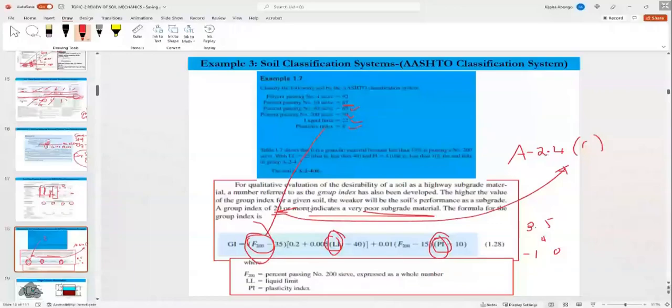If you calculate the group index and get 3.5, round it to the nearest whole number. If you calculate a group index and get a value of -1, put 0. A group index above 20 means the soil is so poor for subgrade material.